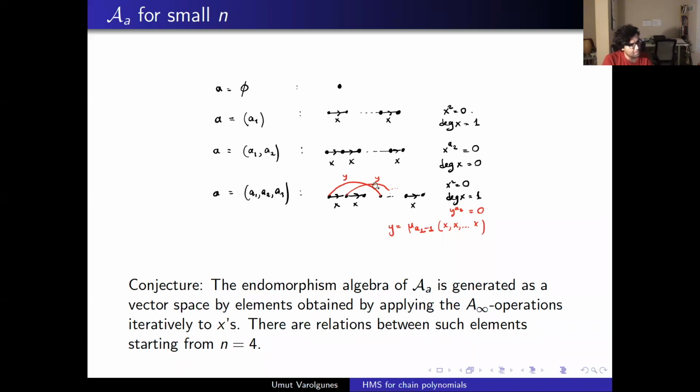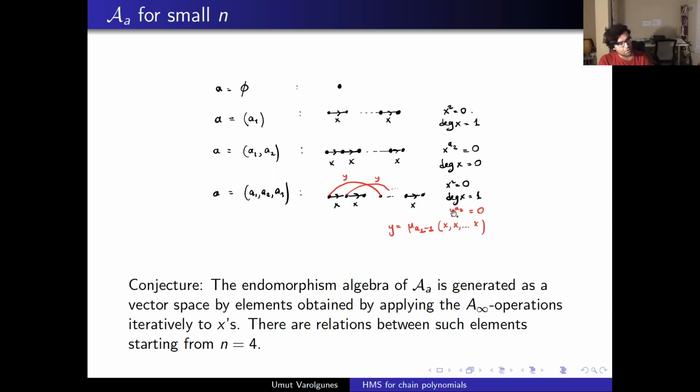If you apply it again, you will again have this x part. It's the same shape as the one for A equals A1, so it just squares to 0 in degree 1. But now there's another generator, another morphism, and this morphism goes between objects some number of times, exactly A1 minus 1 objects to the right.